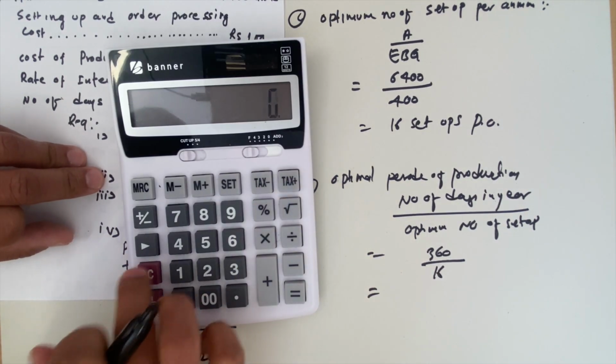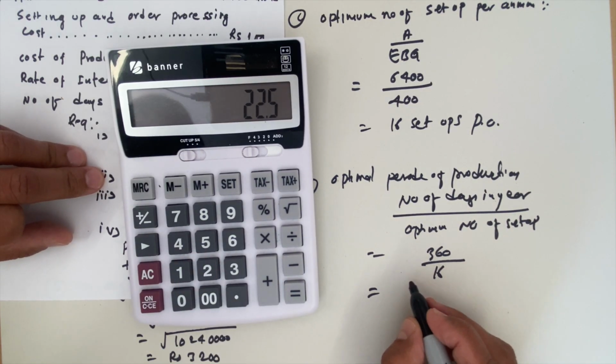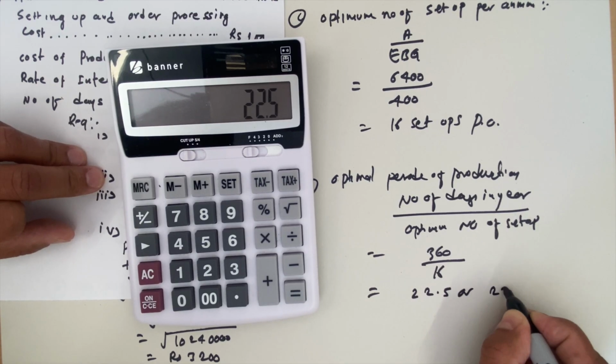So let's calculate: 360 divided by 16, we get the value as 22.5 or 23 days.